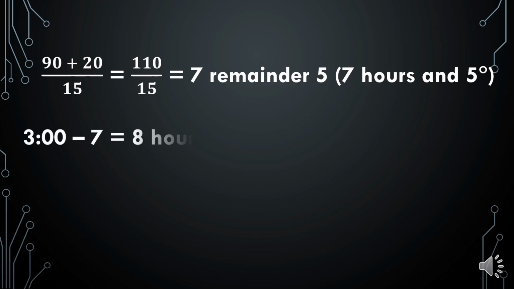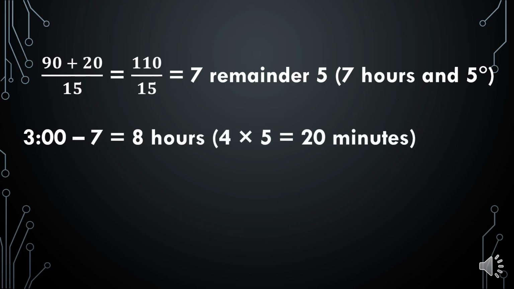Since we are moving in a westerly direction, we will subtract our 7 hours from the time 3 o'clock. We are left with 8 hours, technically 8 o'clock, right? When you go back 7 hours earlier than 3 o'clock.